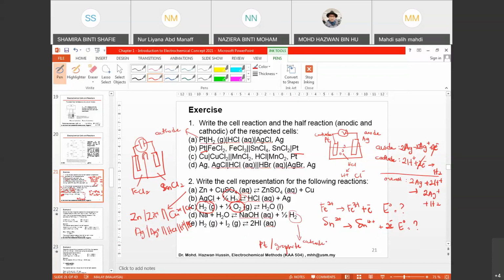Because remember, cathode means that the process is reduction, and reduction is always the formation of hydrogen gas and so on, not the production of oxygen gas. Production of oxygen gas will be oxidation, and oxidation is always related to anode. Okay, is it understood? Boleh faham?